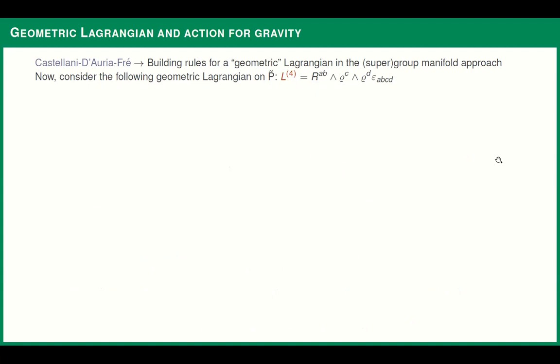And so this was regarding the kinematics. Then we can move on to the dynamics. Concerning the Lagrangian and the action for gravity theory, we have for instance, in Castellani's book and in some reviews also, some building rules for what is called a geometric Lagrangian, both for the group manifold and supergroup manifold case.